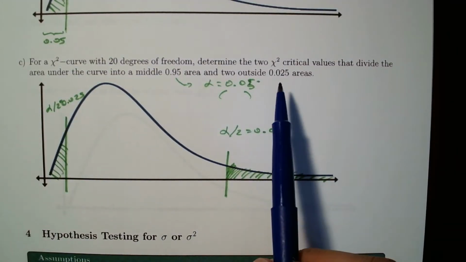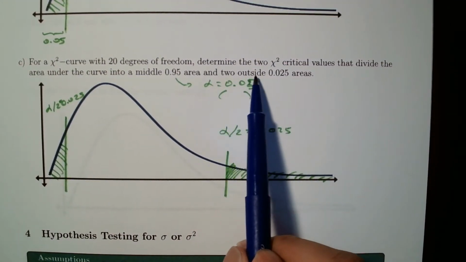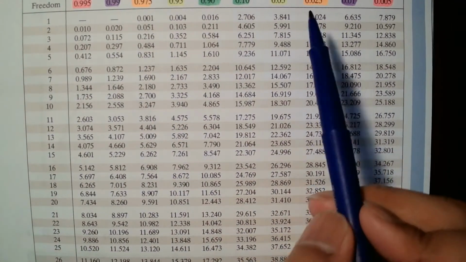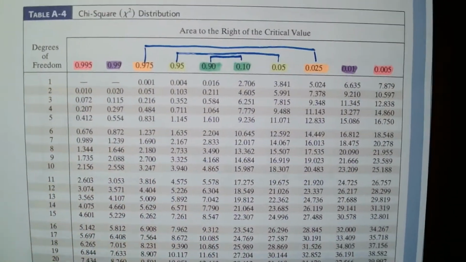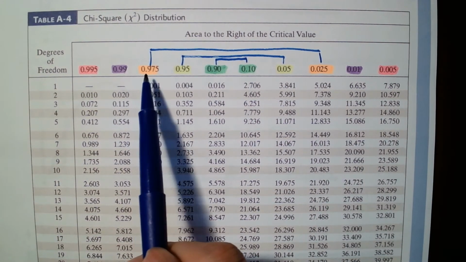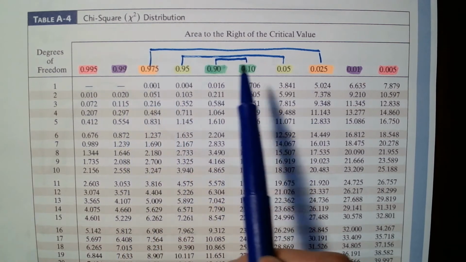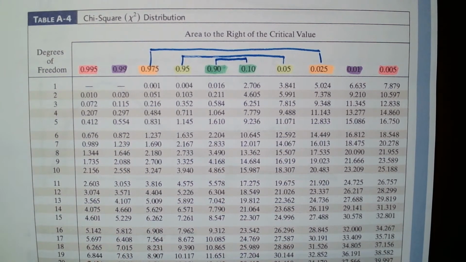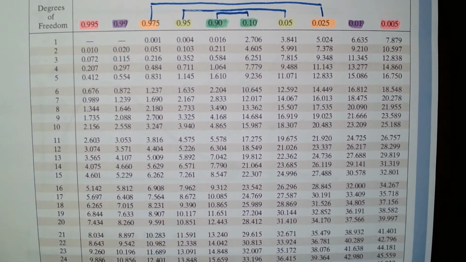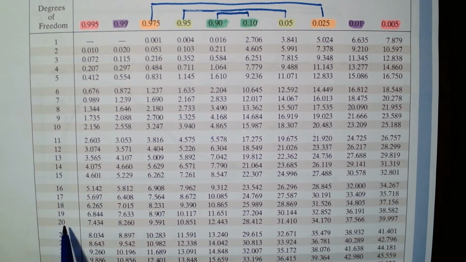In this case, we want two outside areas of 0.025, so I'm going to go to 0.025, which is the orange and the orange. For the two orange columns, because we want 20 degrees of freedom, I'm going to go to the row with the number 20.